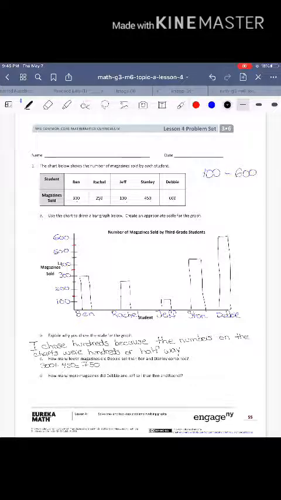Okay, and the question says how many fewer magazines did Debbie sell? Fewer, less than. So we have to take this total number right here, 750, which was the amount that Ben and Stanley combined sold, and we minus what Debbie sold, which was 600. Okay, so this gives me a total of 150.